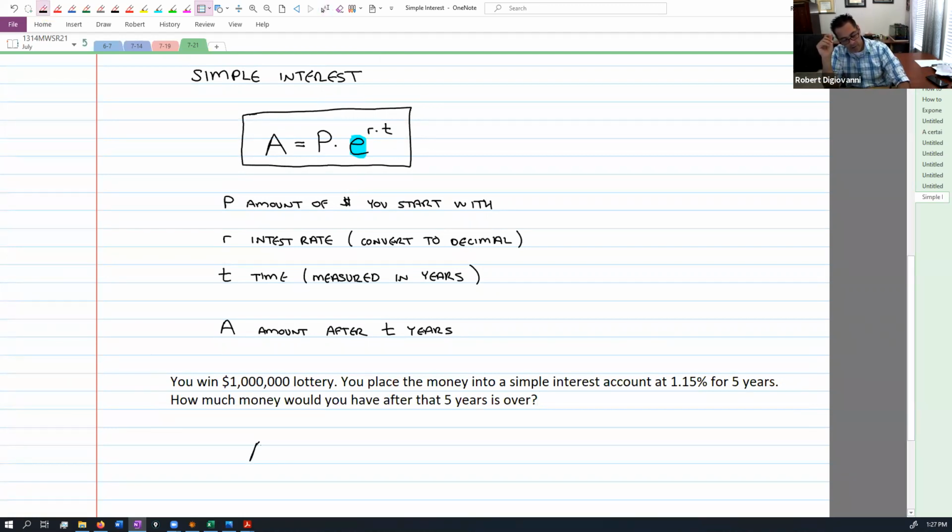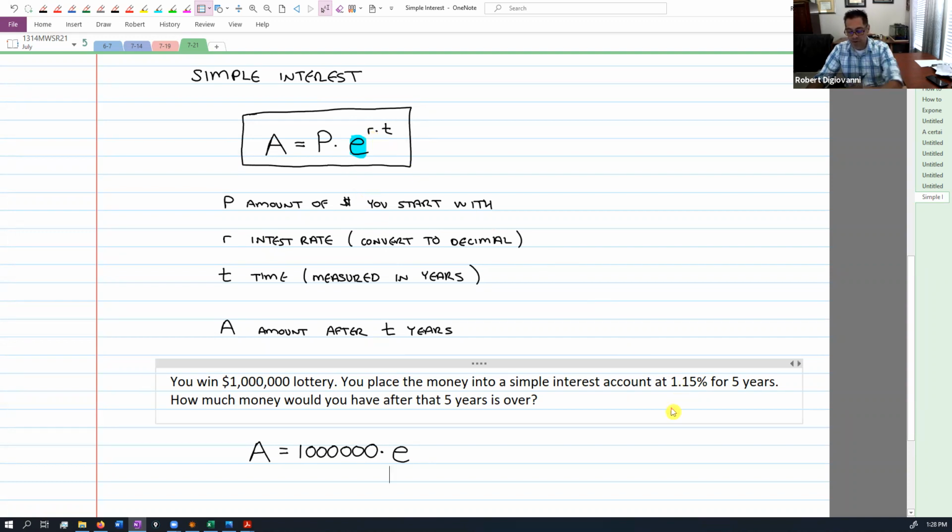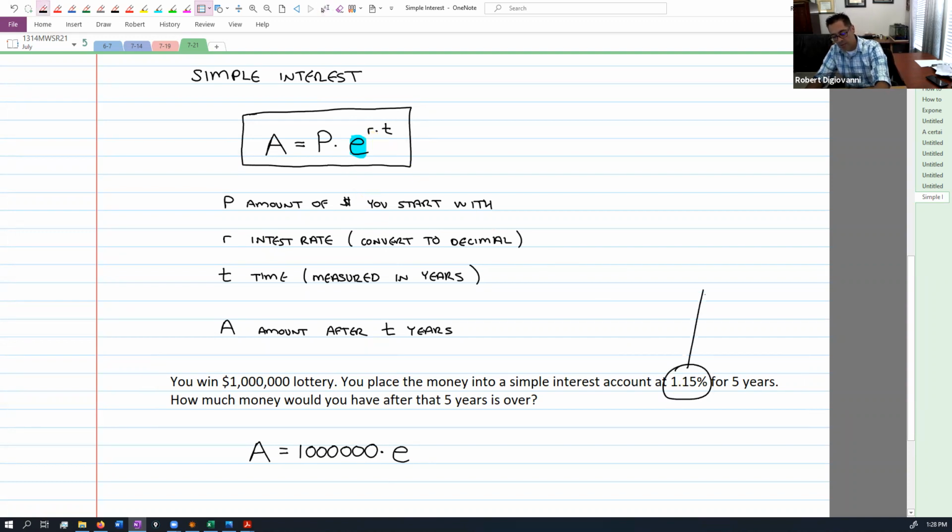The amount that we will have will be equal to the principal. What's the principal? The amount we started with, right? So that's how much we won in the lottery. That's $1 million. Times E raised to the R. Now, R is our interest rate. Keep in mind, we have to take that and convert it to a decimal. So when you convert that to a decimal, you move the decimal point 2 places to the left.